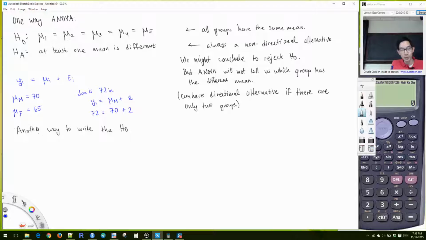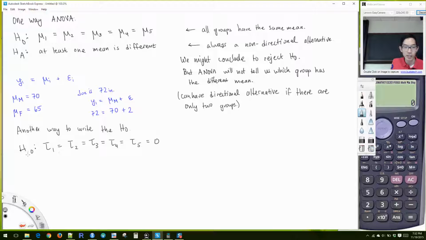Now there's another way to write the null hypothesis. In this case we say our null hypothesis is that tau 1 is equal to tau 2, equal to, all of our taus are the same, and they're all equal to 0.